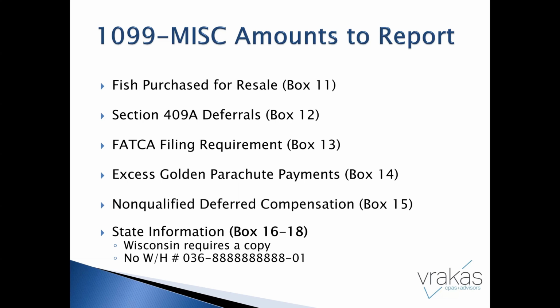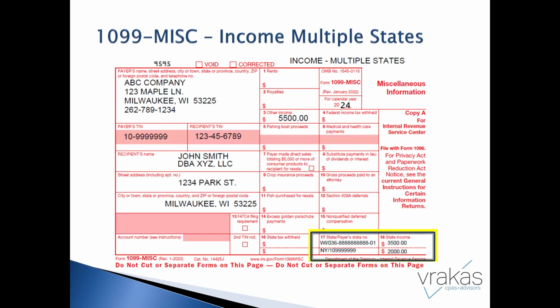But then box 16 through 18 is state information. So for the state information, you're going to have the 2-digit state code, you would have a state ID number, and then you'd have the state dollar amount. You could have multiple states listed.